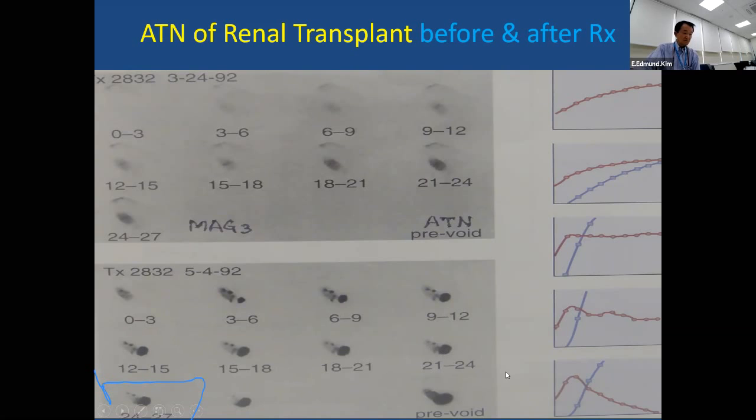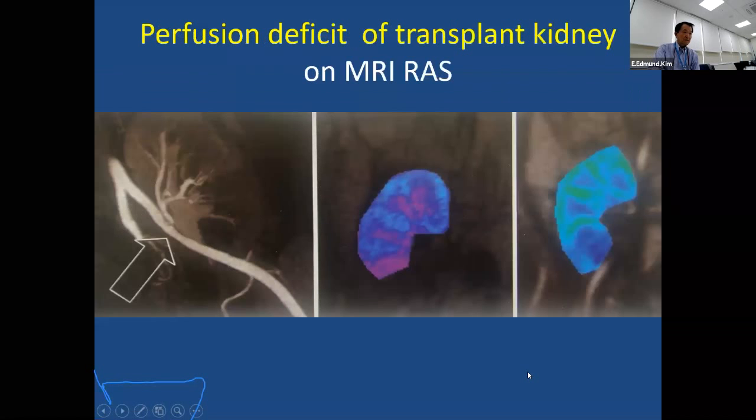After day 6, it washed out. And usually MR can make it also good. It's a sort of delineation of renal vascular system and perfusion in the kidney.